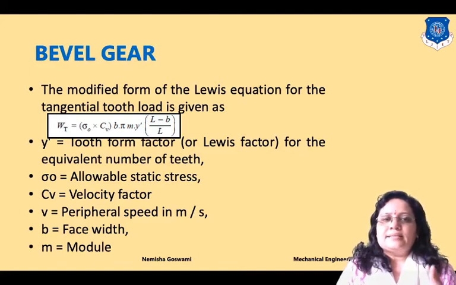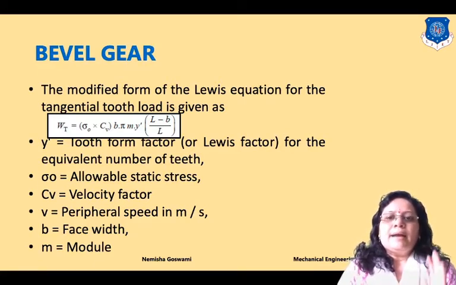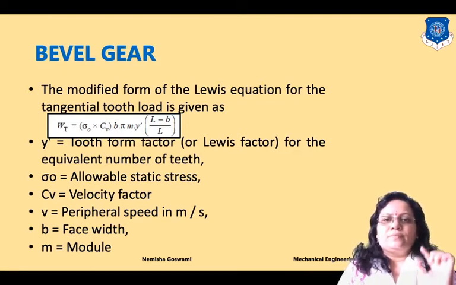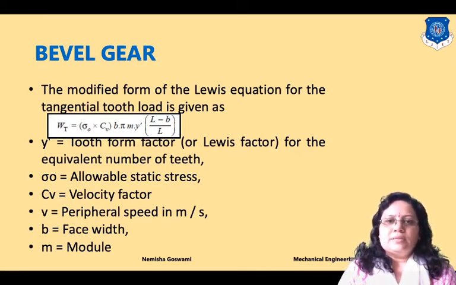Allowable static stress, multiplied by velocity factor, denoted by Cv, multiplied by b. b is your face width. Pi is the constant 3.14. m is here the module. Y dash is your modified tooth form factor with respect to the equivalent number of teeth. Okay, and (L minus b) divided by L is your bevel factor.